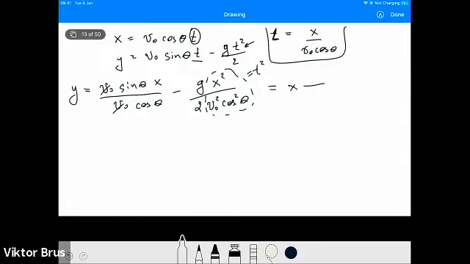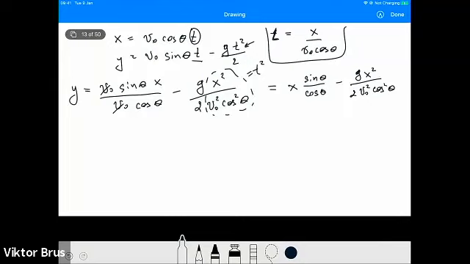So let's write x multiplied by sine theta divided by cosine theta, and then minus g x squared divided by 2 v naught squared cosine squared theta.